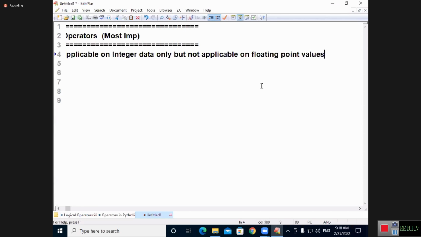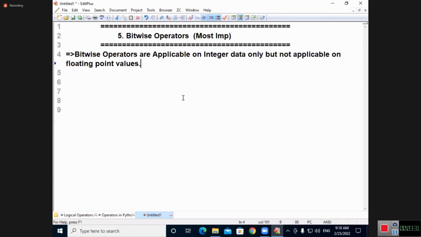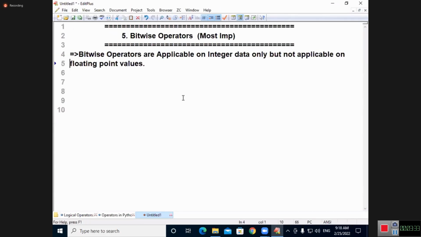The biggest question will come: sir, why is this not applicable on floating point values? In any programming language this is the same, because all programming language developers applied the bitwise operators only on integer data.